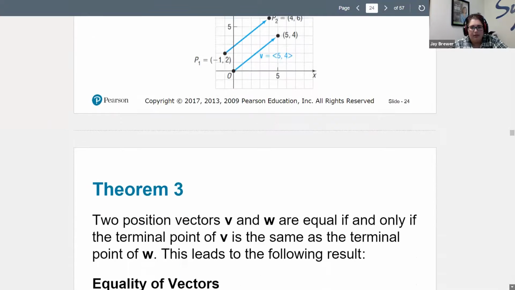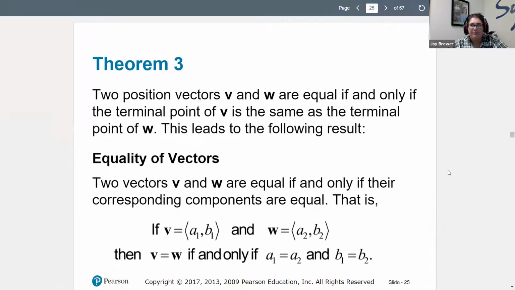Okay. Theorem 3. Two position vectors v and w are equal if and only if the terminal point of v is the same as the terminal point of w. So this leads to the following: equality of vectors. Two vectors v and w are equal if and only if the corresponding components are equal.